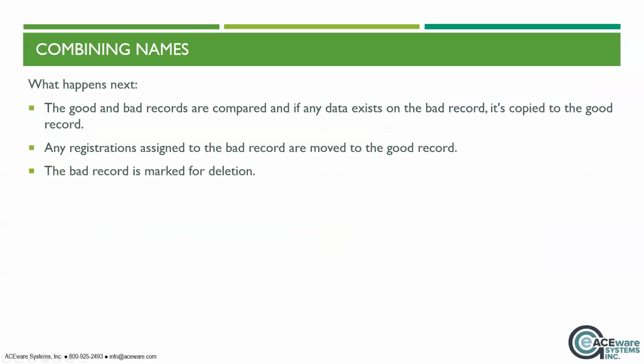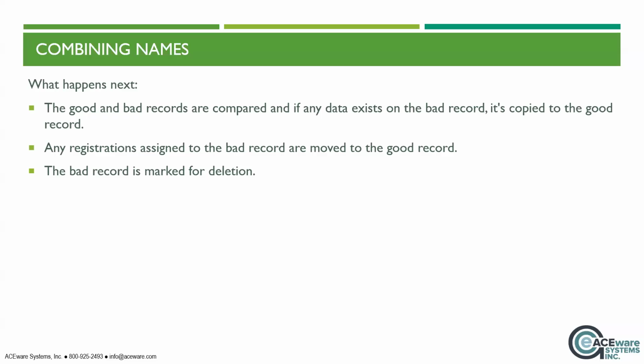So what happens in that process? Student Manager takes the good and the bad records and compares to see what data exists on both records. If both records have information, say in the phone number, but they're different, it's going to use the information on the good record.